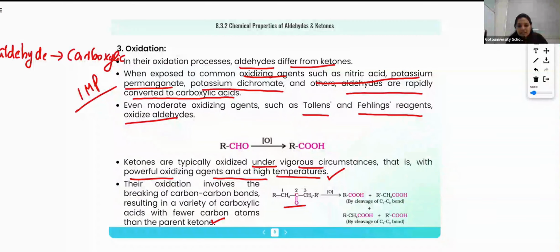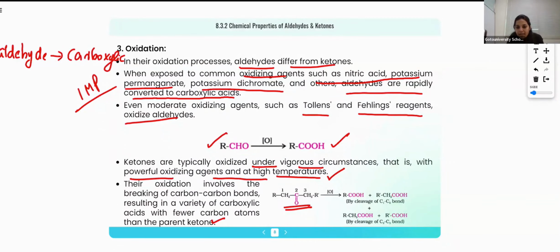See, this is the ketone I am taking. I told you, aldehydes under normal conditions will produce acid. If you are taking a ketone, it needs stronger oxidizing conditions. Understood the difference, right? Here mild condition, here stronger condition. Here we get acid. Then what is the product here? Here you are using a strong condition, but what is the product? I told you the carbon-carbon bond is breaking.